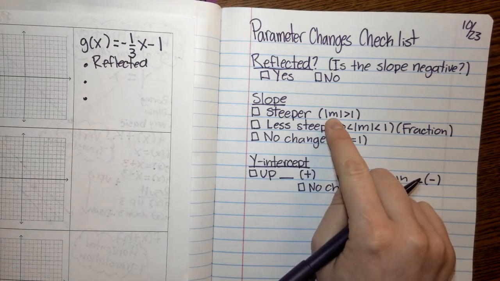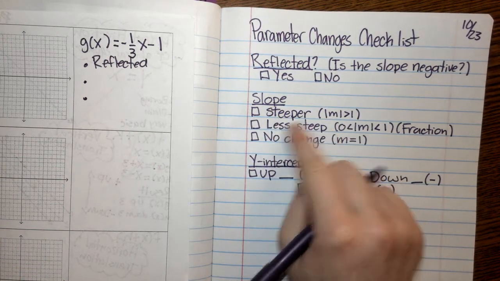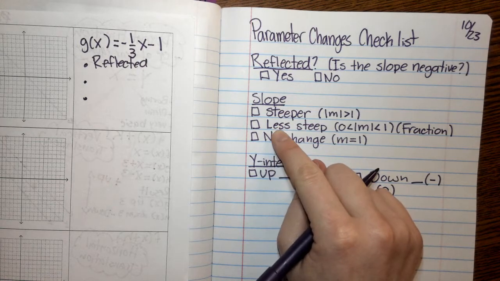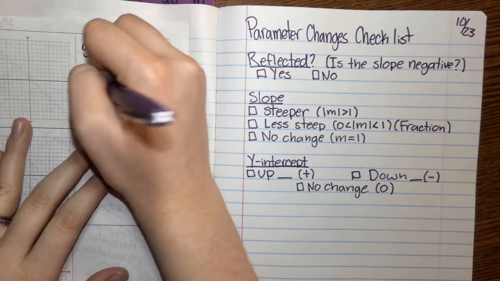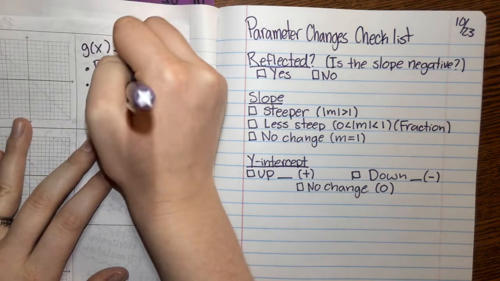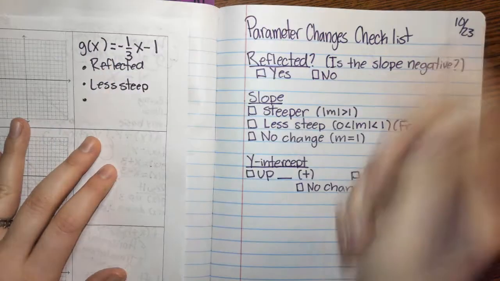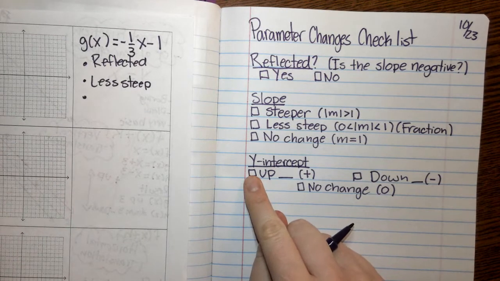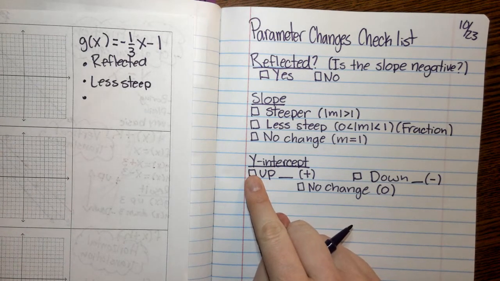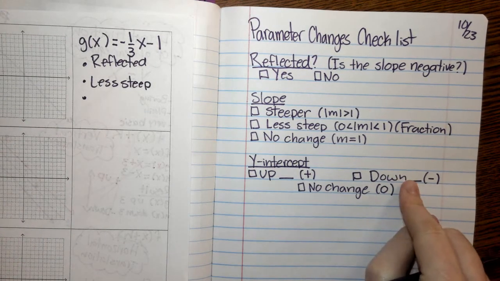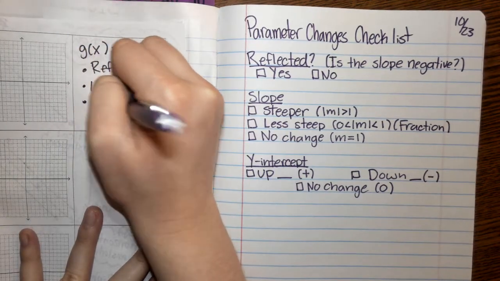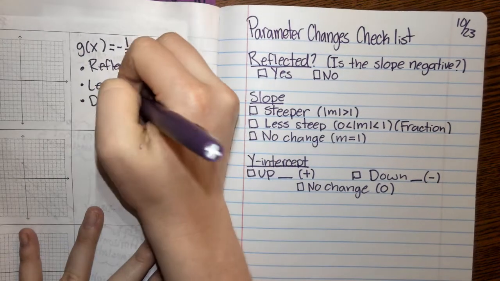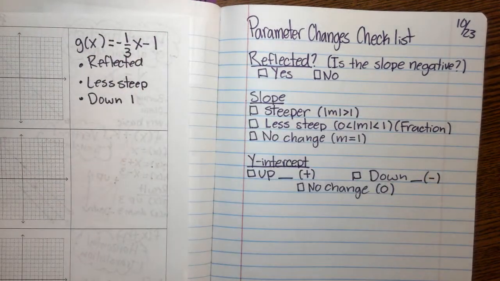Because it's a fraction, it's getting less steep. Then I'm going to look at the y-intercept. Do I have a positive or negative y-intercept? It's negative, that means it's going down. How many is it going down by? It's just the number right there, 1. That's all you're doing.